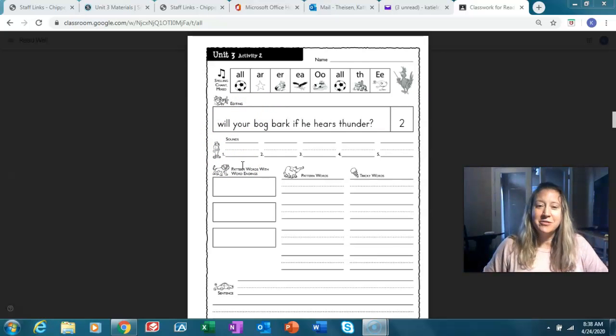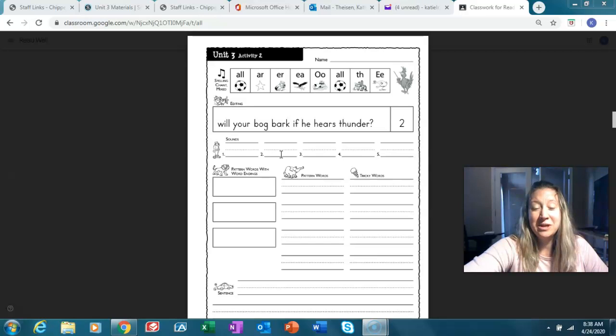Listen. The first sound pattern is all. Write the sound pattern all for number 1. And you should have written A-L-L. Number 2, the sound is Z. Write Z on the line for number 2.